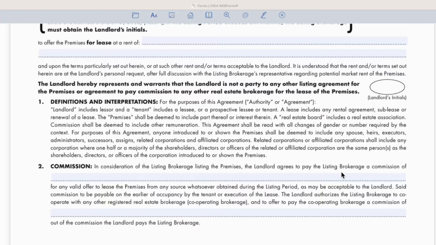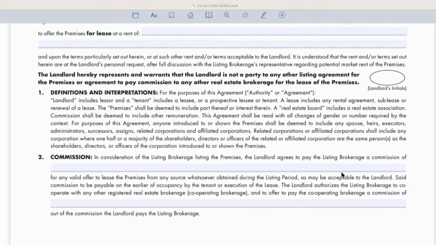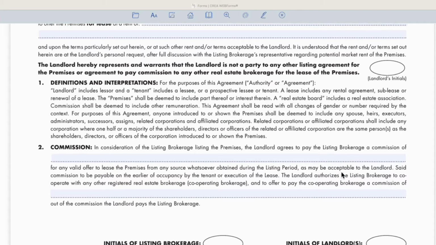Right. Then after that, the landlord hereby represents and warrants the landlord is not party to any other listing agreement for the premises, or agreements to pay a commission to another brokerage. Then definitions and interpretations. We don't have to go through that in detail.